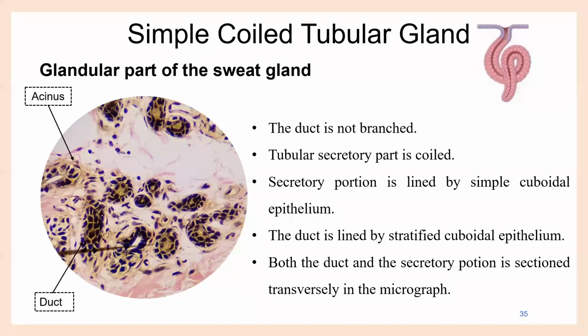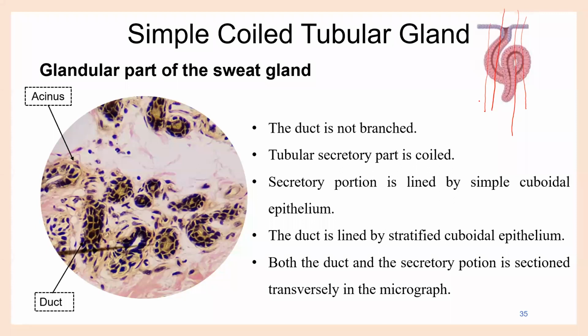These are the glandular parts of the sweat gland. I showed you a picture that looks like this, but it is very difficult to get a section like that. You have to cut it exactly from there. When you cut it across like this, it gets cut from several different areas, right? So you have the duct and the acini.